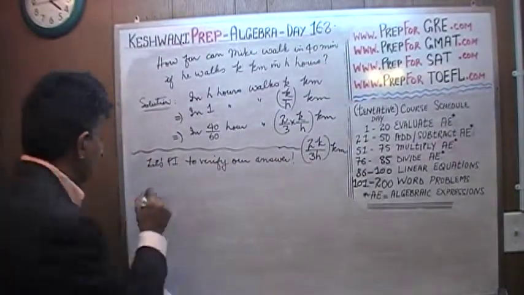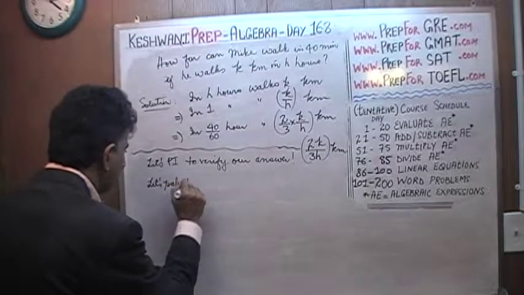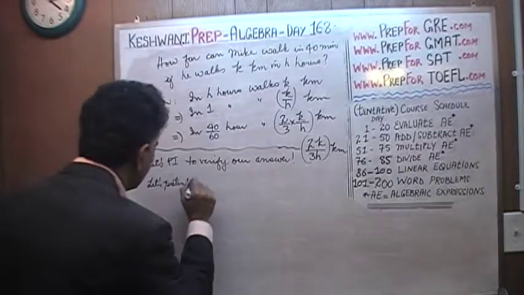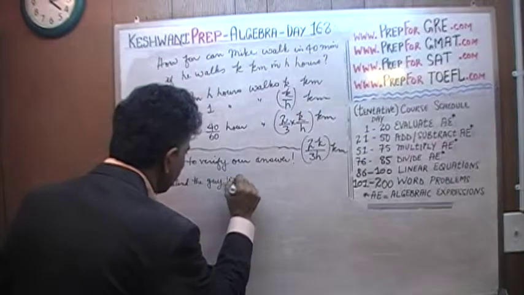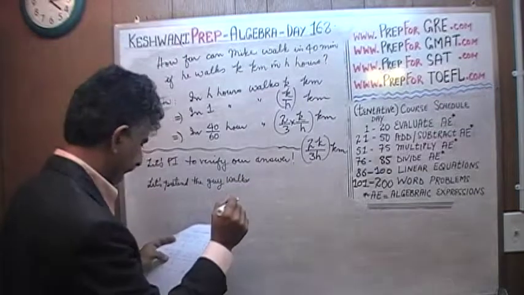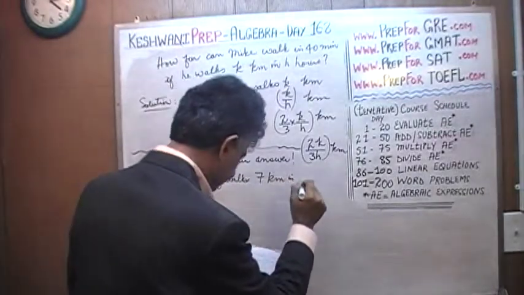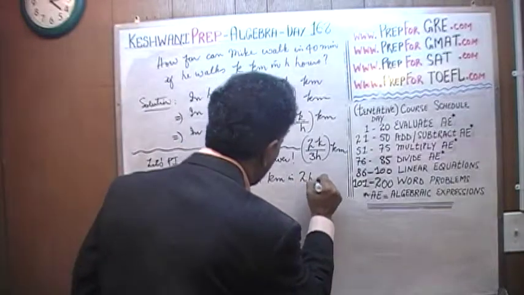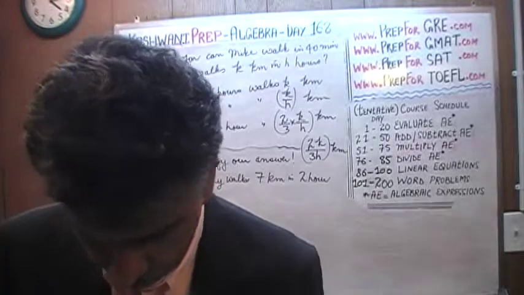Let's pretend that the guy walks 7 kilometers in 2 hours. So you have to understand what we are plugging in here.